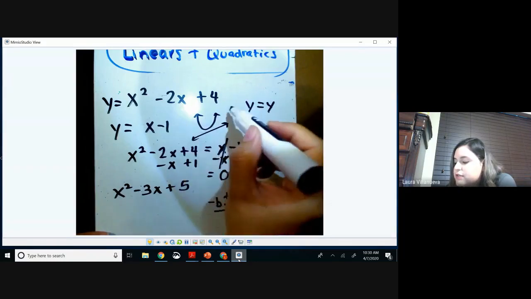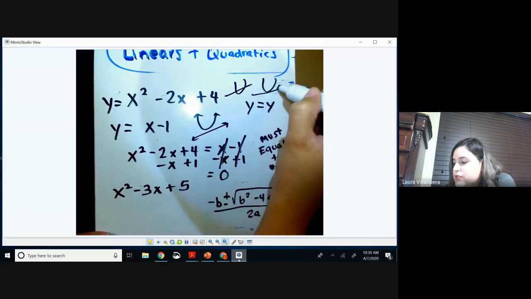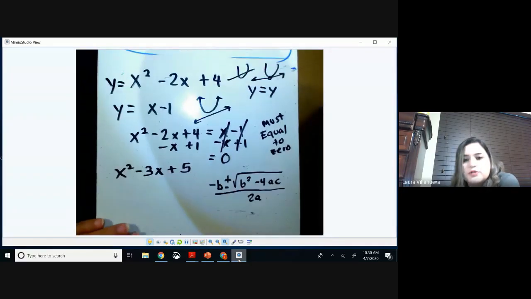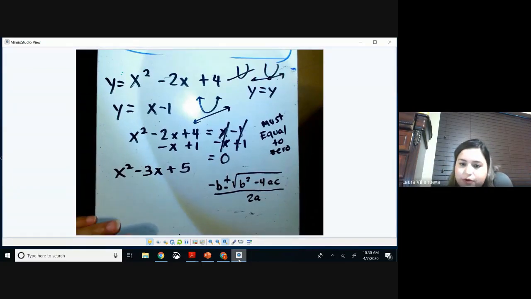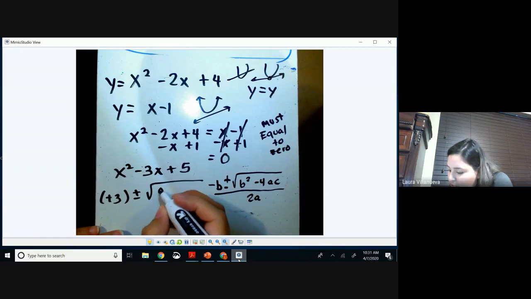We're going to see if it's no solution, 2 solutions, or 1 solution. So that's pretty much what we're doing. We're equaling to 0 and then we're solving. Remember, if it's a negative inside the square root, you automatically put no solution. So then this is going to be negative, actually positive 3 plus or minus the square root of b squared, which is 9.